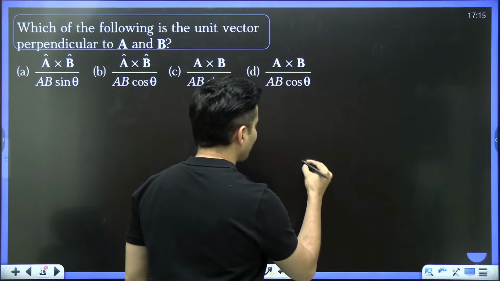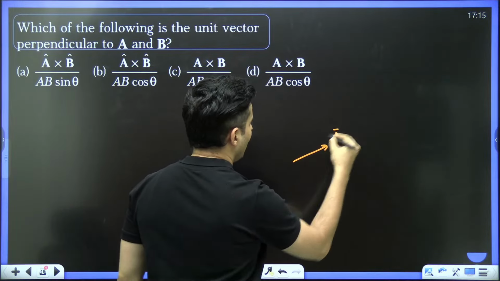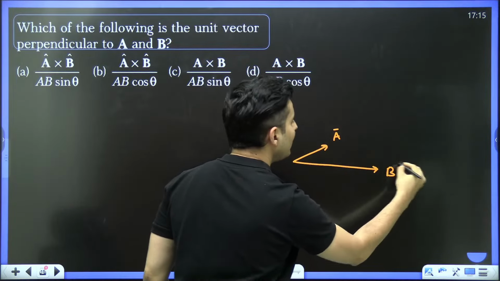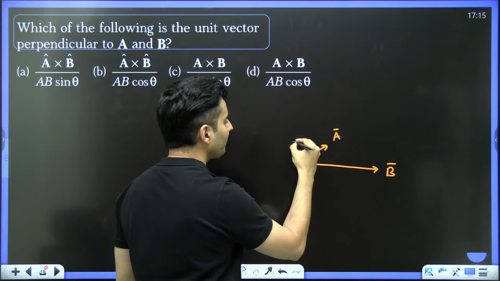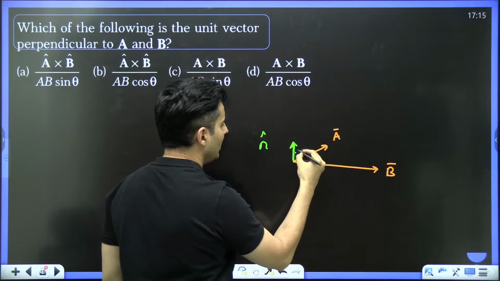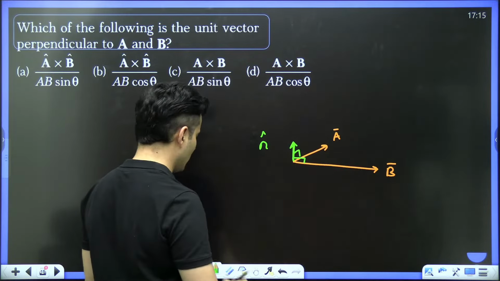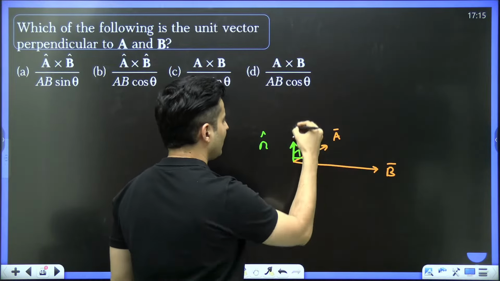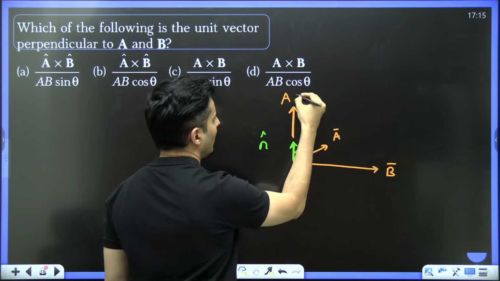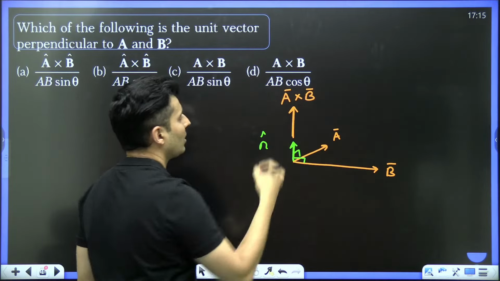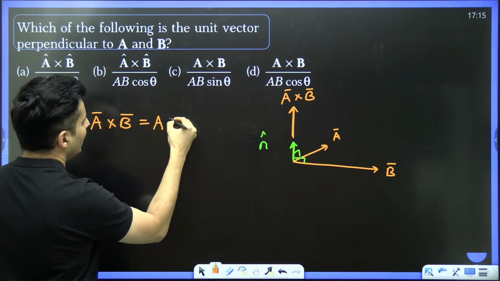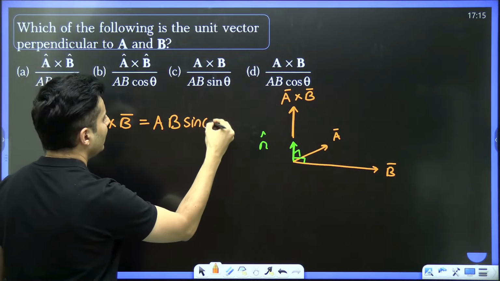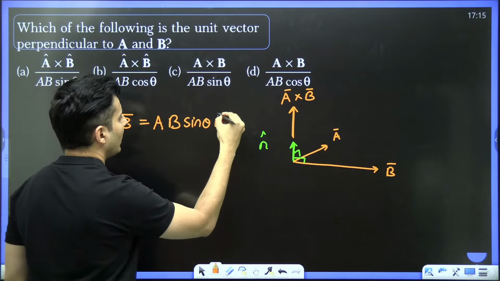So we know if there is a vector A and another vector B, then the unit vector which is perpendicular to both A and B, like this, will be perpendicular to this also and this also, is given by: if this is your A cross B, then A cross B is AB sine theta into basically your n hat.